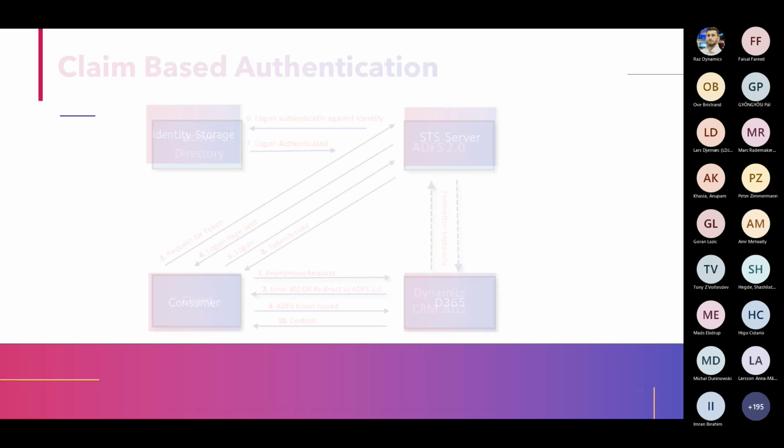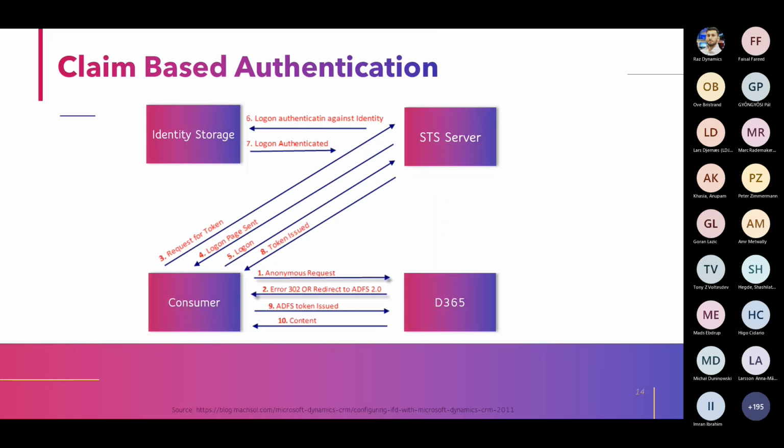The second type of authentication is claim-based authentication. If any organization doesn't want to use Azure AD-based authentication, then the second type is claim-based authentication. In this authentication, the consumer is trying to use the Dynamics 365 application. They try to use it as an anonymous request, and once they request application access, they will be redirected to the STS server.